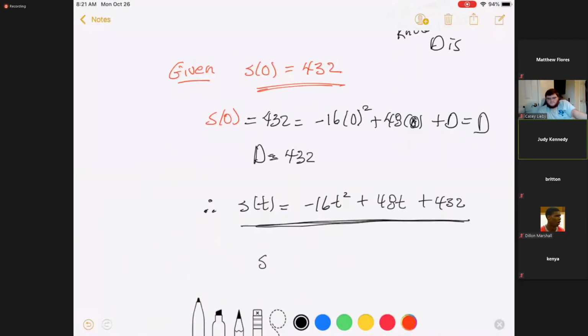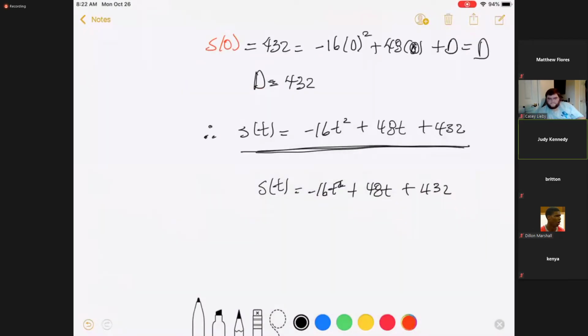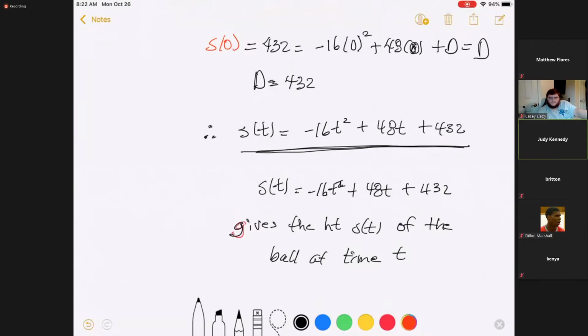So S of t, given a time before the ball hits the ground, is the height S of t of the ball at time t until it hits the ground.